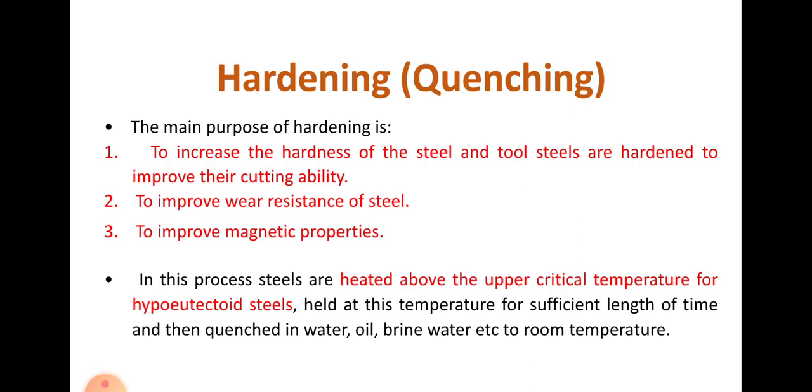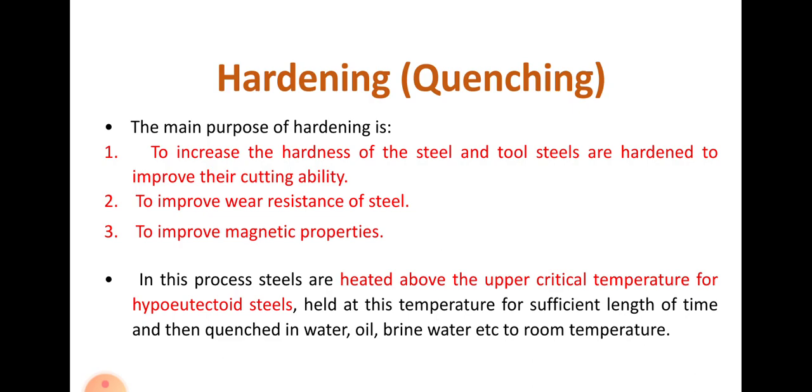It is possible when we heat the steel above the upper critical temperature for hypoeutectoid steel, and above the lower critical temperature for hypereutectoid steel, and then cool in water, oil or brine. Remember, the heating for annealing is to the austenite temperature.